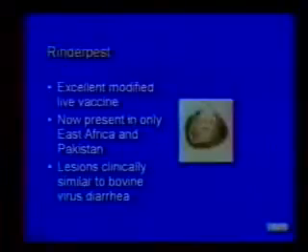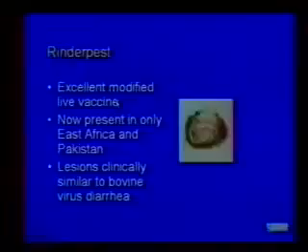Very fortunately, we have an excellent modified live vaccine against rinderpest, and this has been the tool that has been used extensively against it. And of course, from your knowledge of canine distemper, you know that's a similar vaccine that's also been very effective. The situation is that it is now present only in East Africa and Pakistan, and that's why we have this prospect of global eradication.